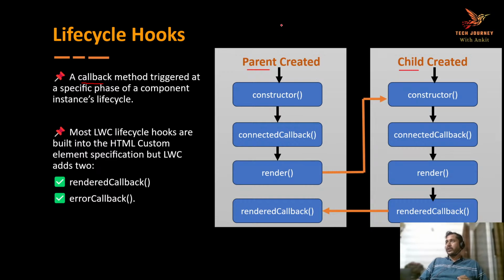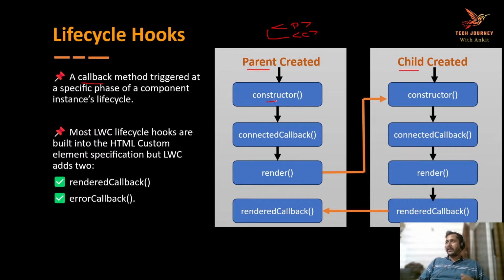Let's say we have one component which is the parent component, and inside the parent component we have the child component. We are taking this kind of scenario. So how will the lifecycle hooks run? The first thing that will happen here is the constructor on the parent component will run.